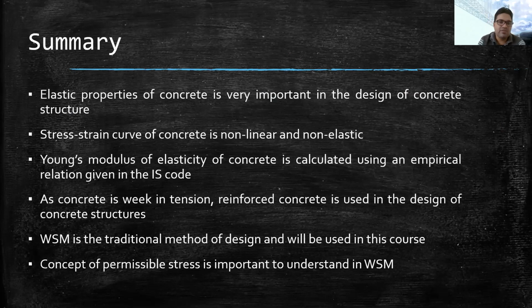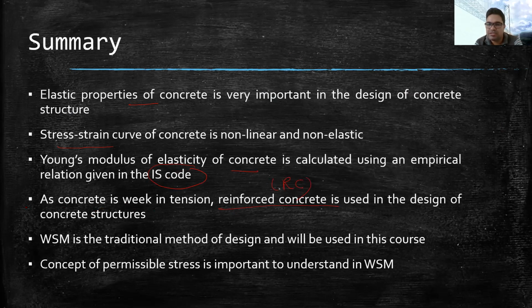So in this lecture we have discussed the elastic properties of concrete, and we have seen how complicated this property is. We have seen the stress strain curve of concrete, which is non-linear and non-elastic. We have also seen how we find out Young's modulus of elasticity of concrete as per the formula given by the IS code. And concrete is weak in tension. That is why we use reinforced concrete, in short called RC.